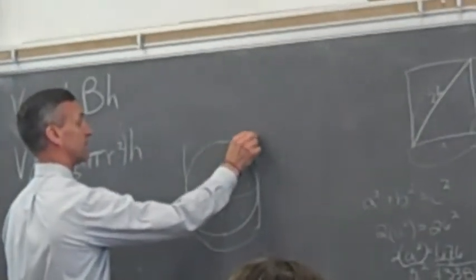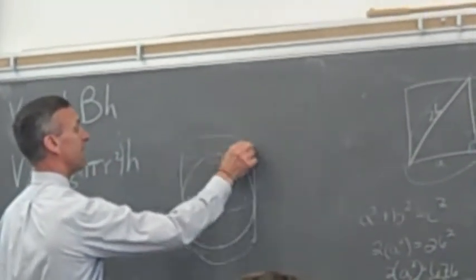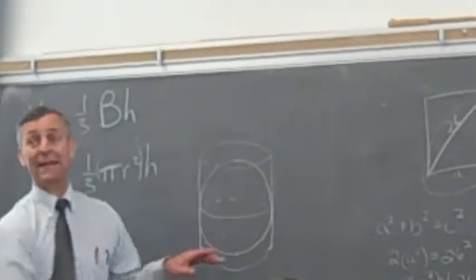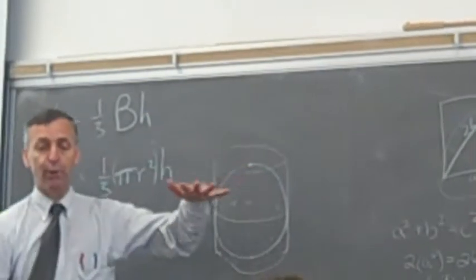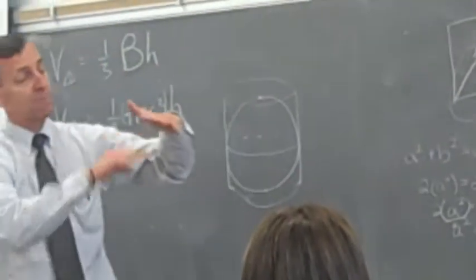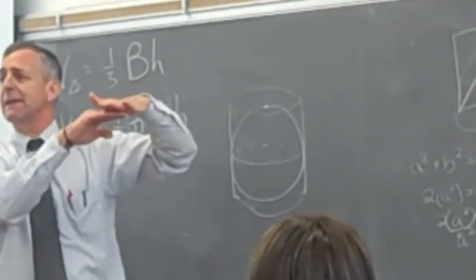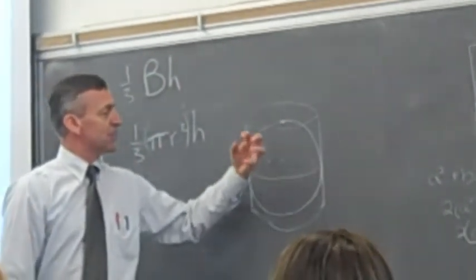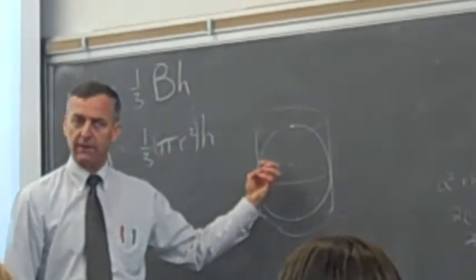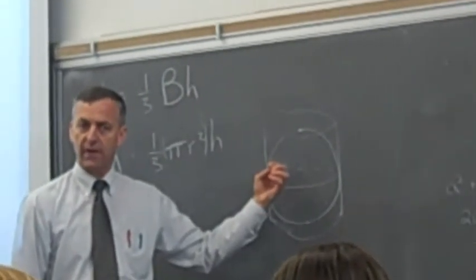And you'll have this cylinder, and this point right here, this point on the top of the sphere, if you were to put a card or something over it, it would just barely touch it. So we have the sphere that is inscribed in the cylinder. Okay?